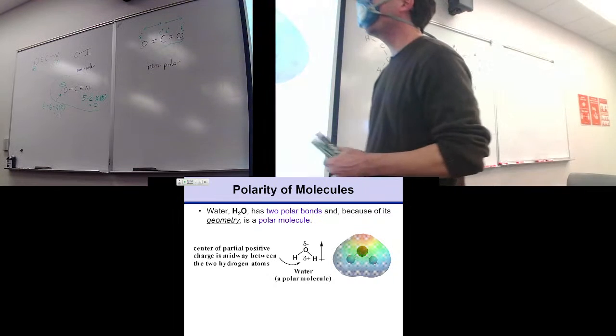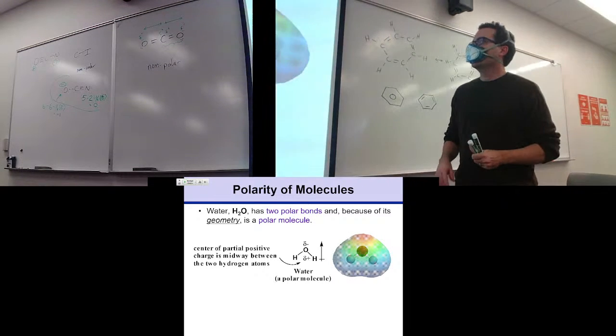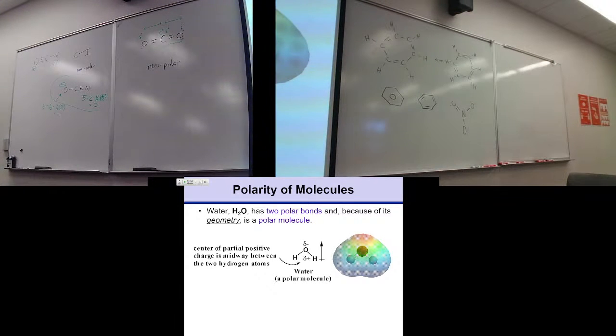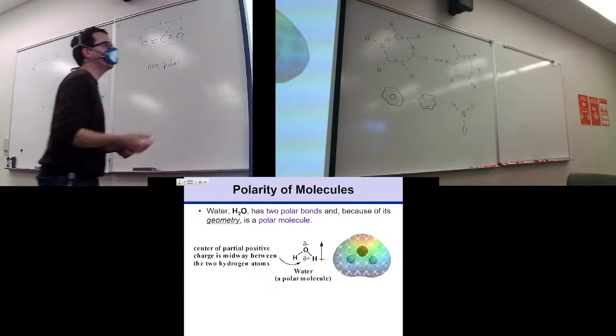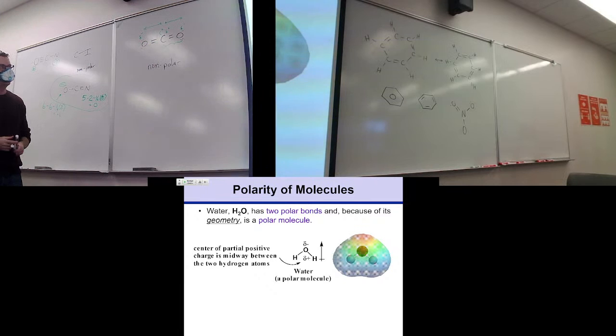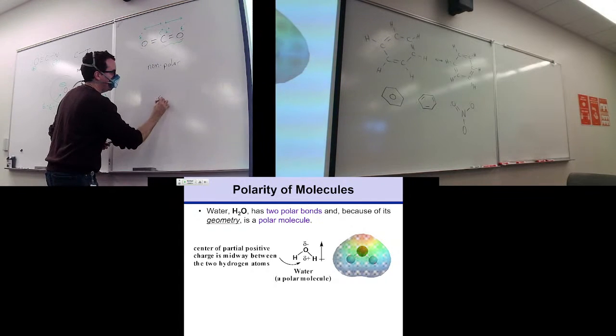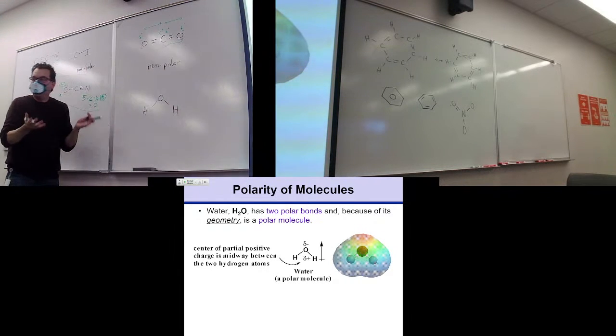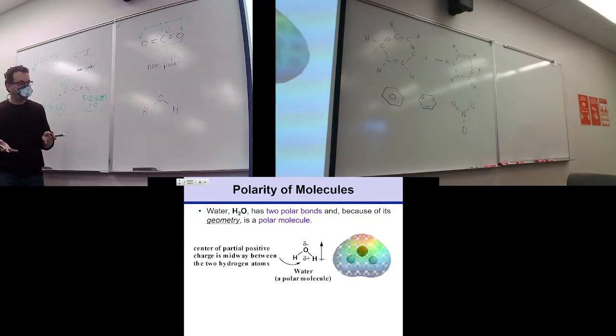But the best counter to this first one is water. Water is not linear. It's got 3 atoms just like carbon dioxide, but it's not linear. And because it's not linear, it's exactly the opposite. It's polar. The way you should think about it is, here's your bent shape. Again, you need to know the shape in order to understand whether it's polar or not.